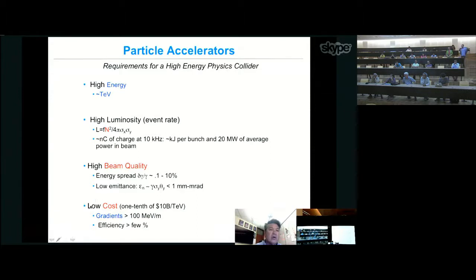And the whole idea is it has to be low cost compared to conventional accelerator options. So let's say a tenth of $10 billion per TeV, something on that order. To reduce the cost, the assumption is you have to reduce the size, so the gradients must be greater than 100 MeV per meter. And you have to have a total efficiency from the wall to these final bunches of a few percent.